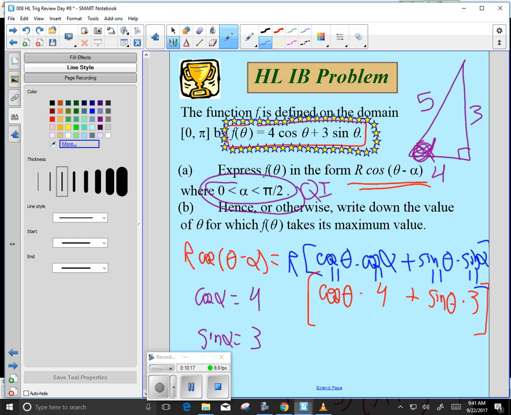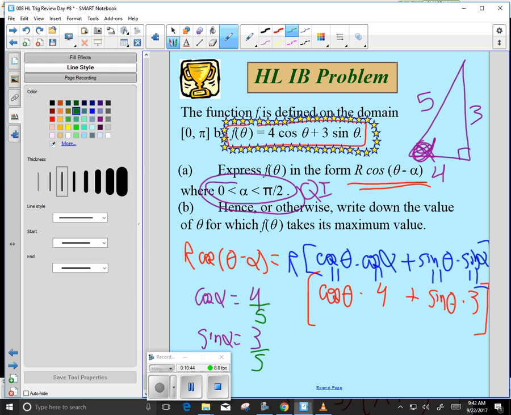Now, why did I do that? If I write the cosine of alpha as 4/5, why is that a good thing? It's in the domain now, between -1 and 1. And then the sine of alpha equal to 3/5 is in the domain too.